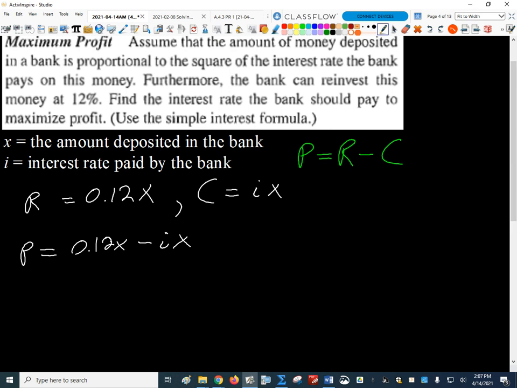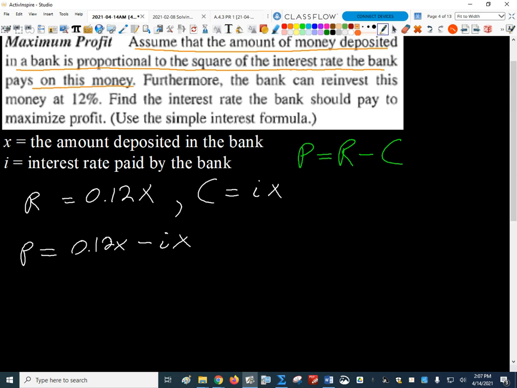Okay, fair enough. So that's where this little bit comes in. We've got the statement up here: the amount of money deposited in a bank is proportional to the square of the interest rate the bank pays on the money.